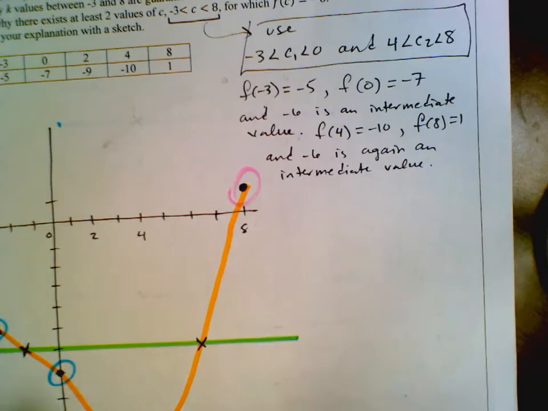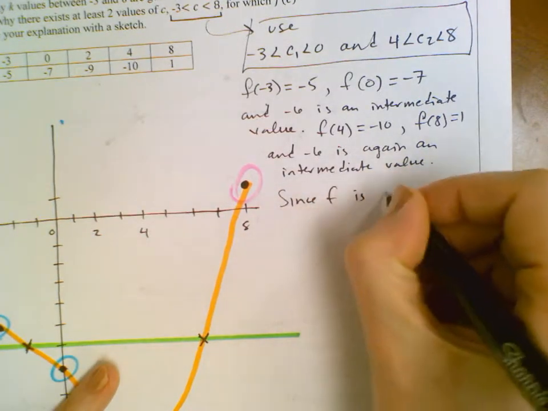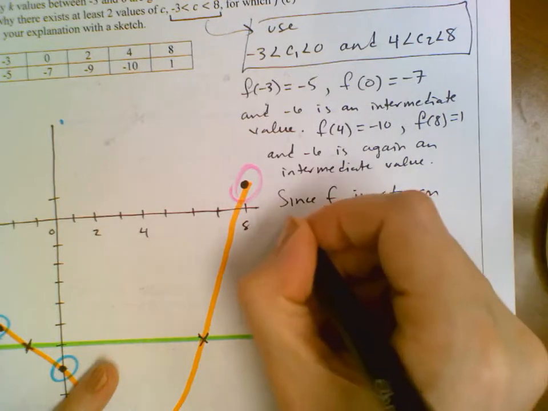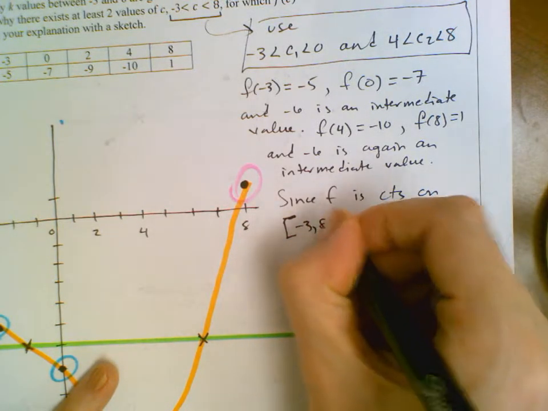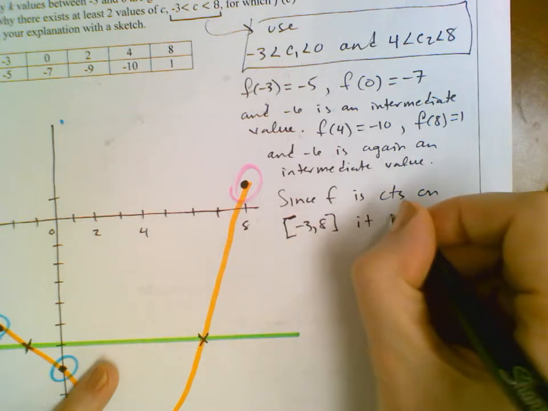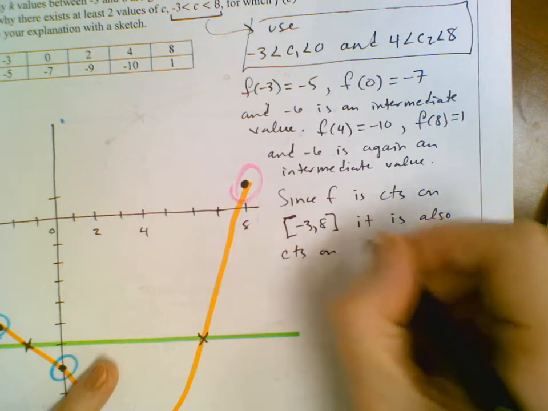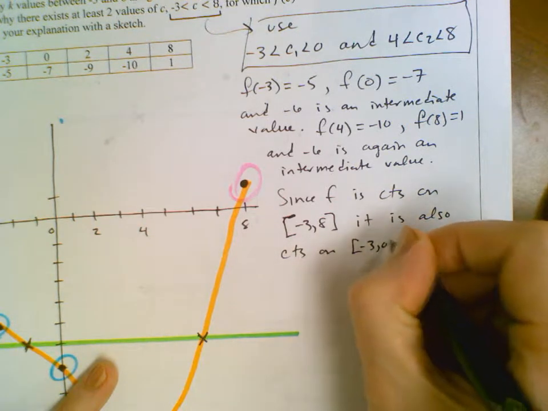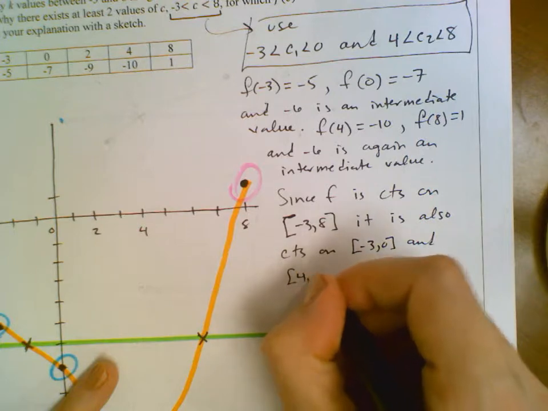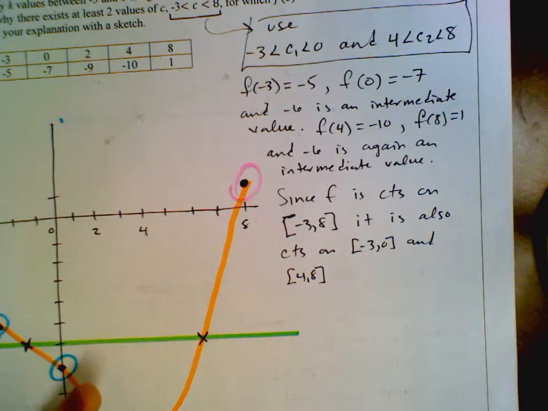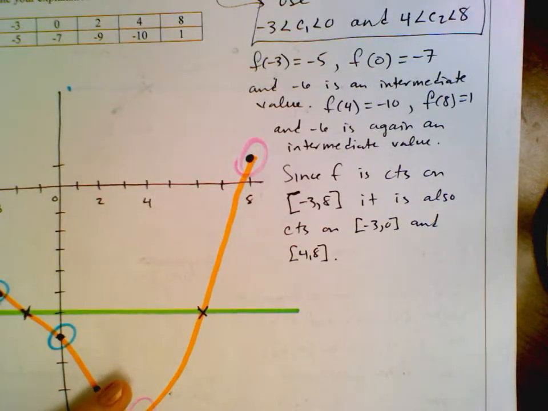I'll say since f is continuous on negative 3 to 8, it is also continuous on negative 3 to 0 and 4 to 8.